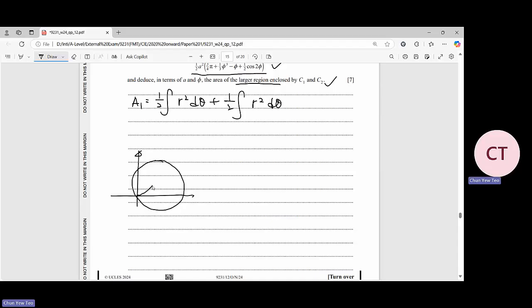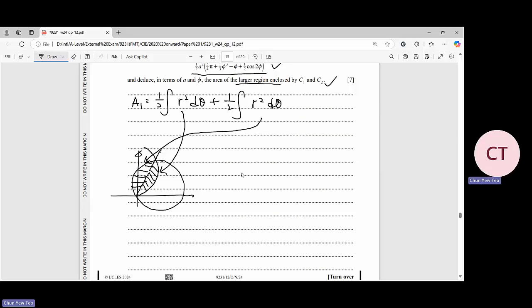This is the spiral. And this is the intersection. So this A1, we will be using this area plus this area together, these two areas together.